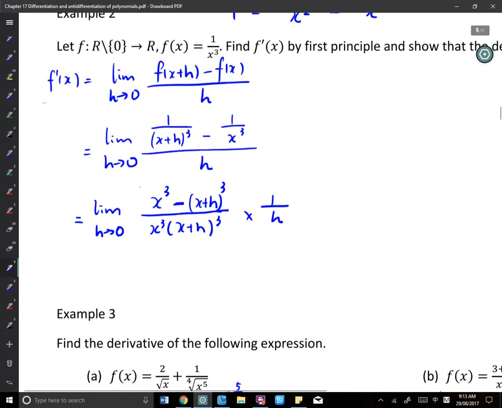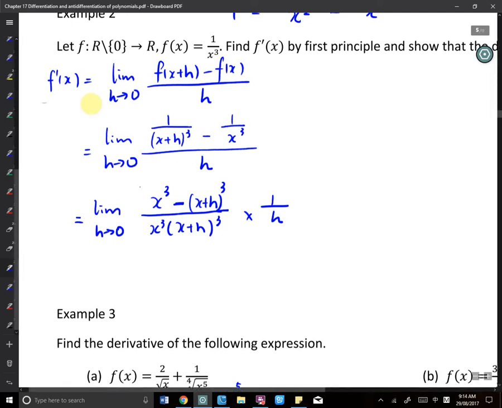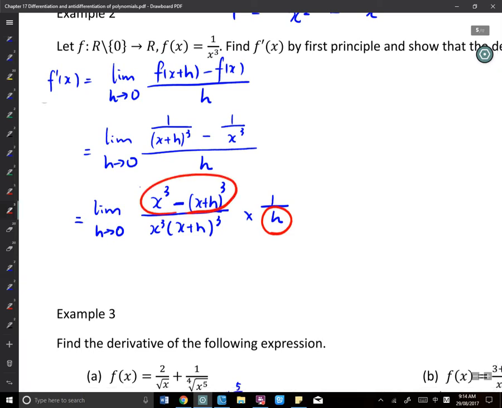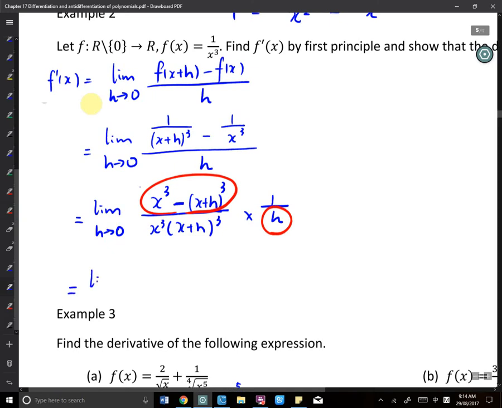And then we need to expand. That's the terrible part. Do not expand the bottom, because you can substitute h directly into the bottom. There is nothing wrong with the bottom, so you can just ignore that. You just need to worry about this h, which will get cancelled. So you just need to worry about those two terms, and how to get them cancelled with that h. So what I need to do is expand the top.